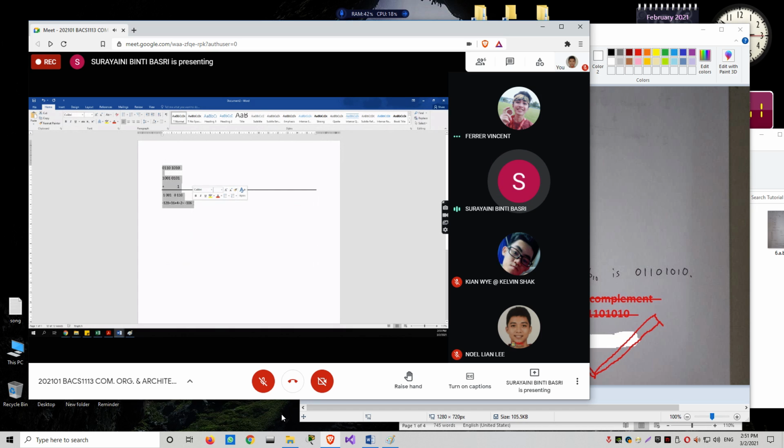So the whole process is actually 2's complement. It goes through the sign magnitude and then the 1's complement way. But Kelvin and Noel also, don't forget this one. I think I didn't highlight this in the previous lecture.